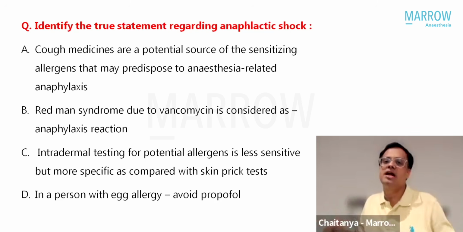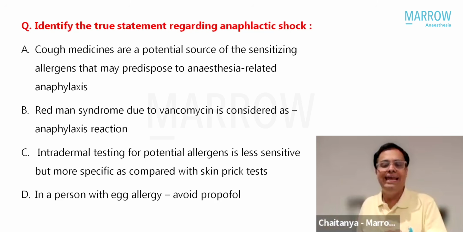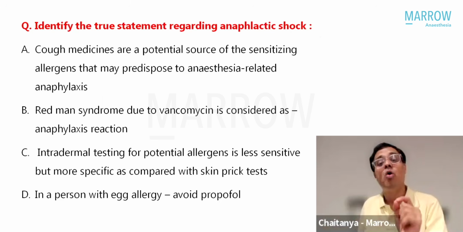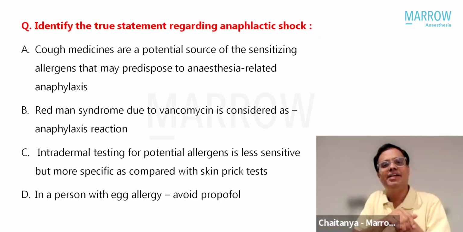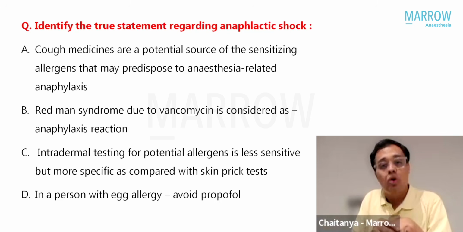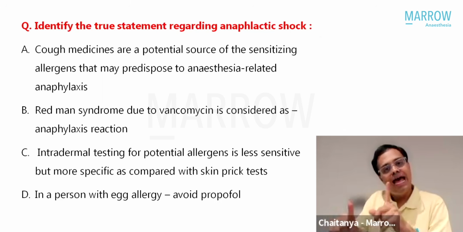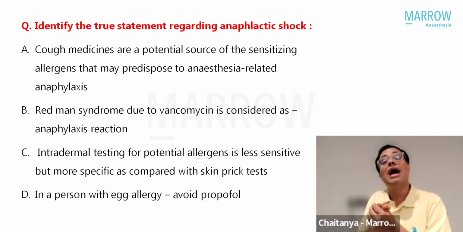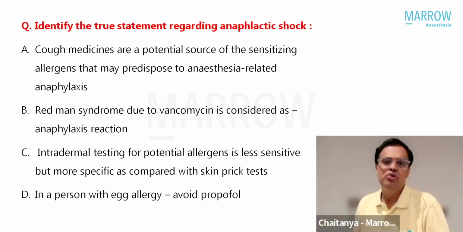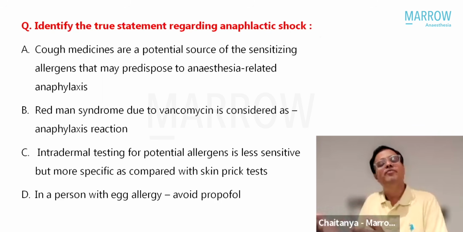This kind of studies are not there in India, but remember, any cough syrup or any cosmetics, what we use during our makeup or any nail polish or all these cosmetic things, they are known to cross react with muscle relaxants and they are going to cause more allergic reactions. That's the reason why. Have you ever noticed we ask the patient to remove all the makeup before coming for a surgery?